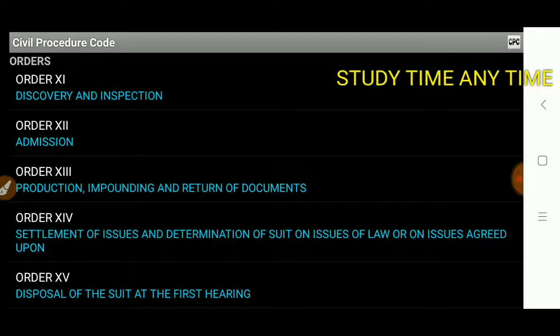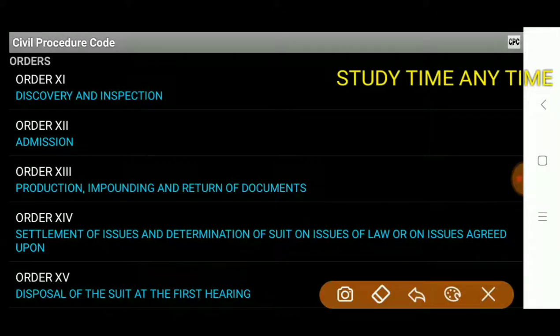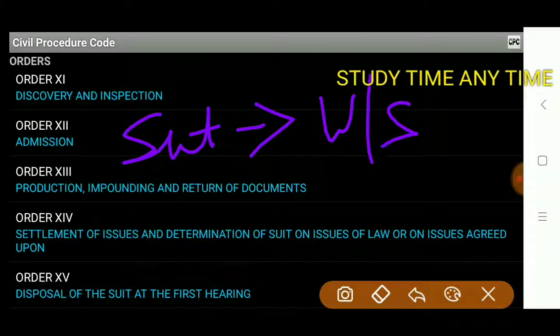Order 14, settlement of the issues and determination of the suit on the issues of law or on issues agreed upon. This is the part of the proceedings where one has filed a suit. The suit is filed, the written statement has come.